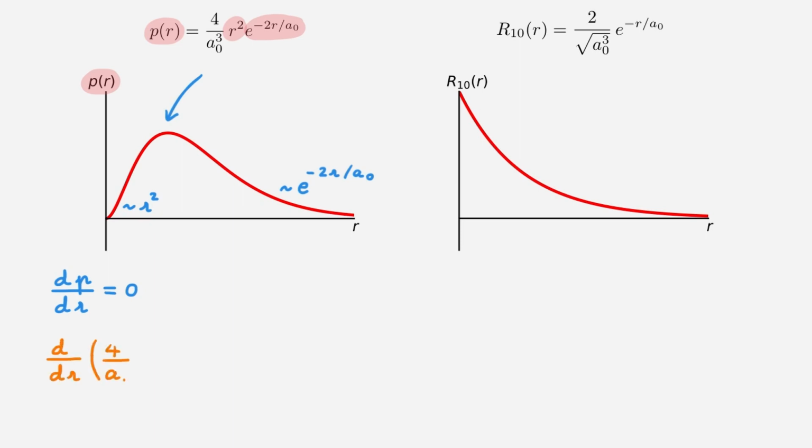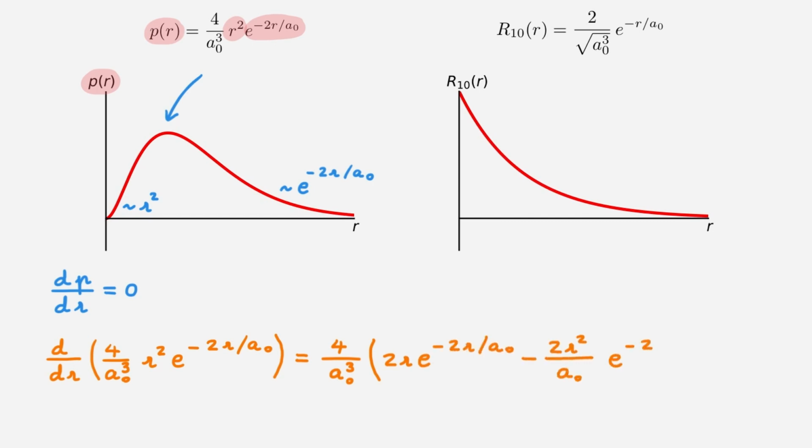Explicitly, the derivative takes this form, and we can evaluate it using the chain rule, and we get the prefactor, the term involving the derivative of r squared, and the term involving the derivative of the exponential. We can take this as a common factor, multiplying by 1 minus r over a0.